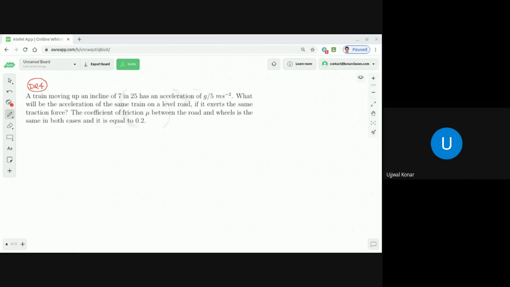Okay, are you able to get it, or do you need any assistance from me? Hello? No, sir. Okay, so let's first draw the diagram. That will help us to understand the situation.